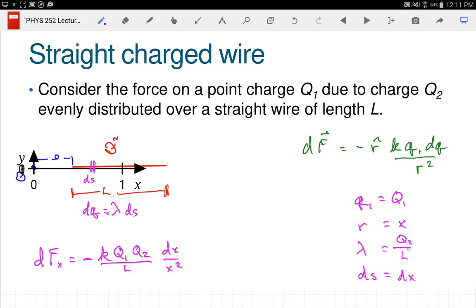Right, the Q2 over L was lambda. I'm going to rewrite it so it's clearer how I put these pieces together. Nice job.